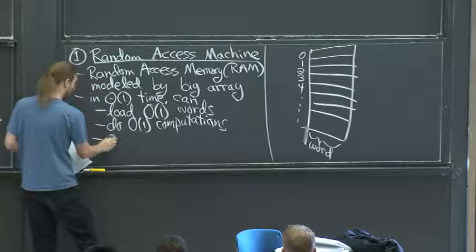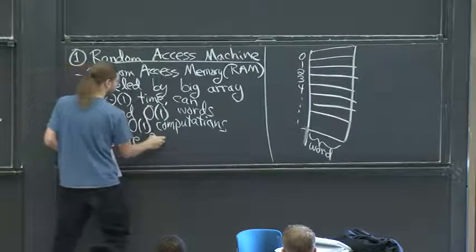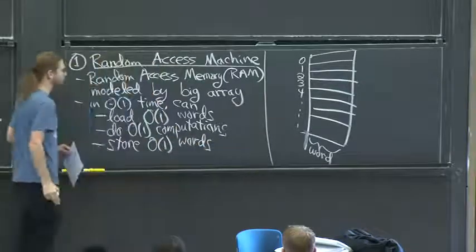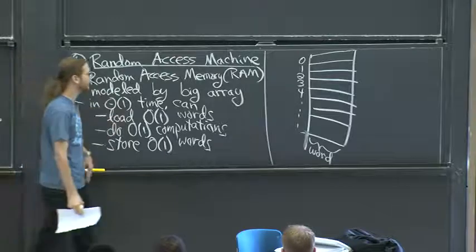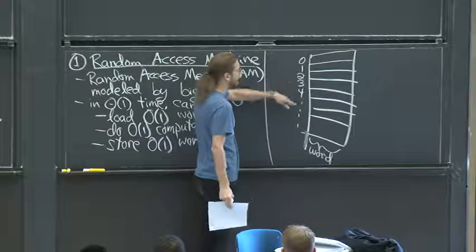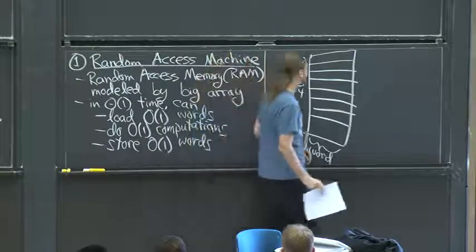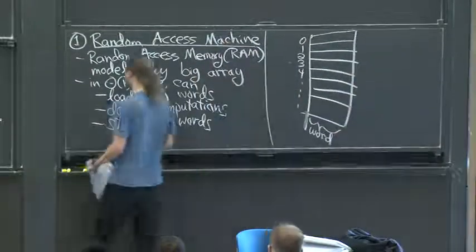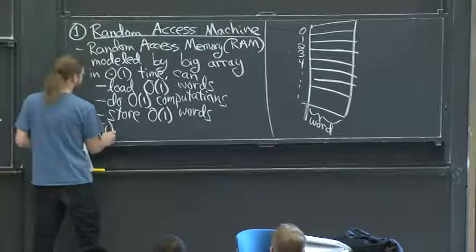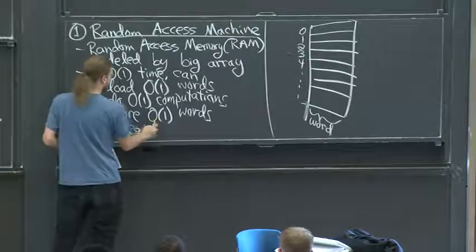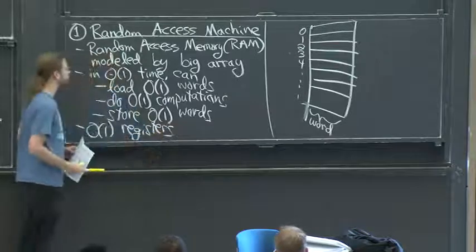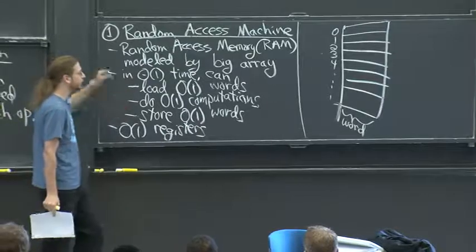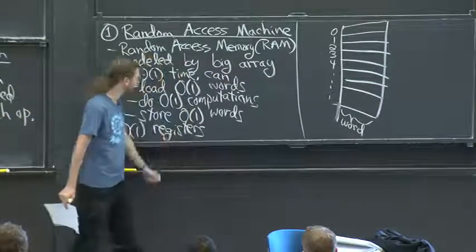It's usually called store. Okay, it needs to know where these words are. It accesses them by address. And so I guess I should write here, you have a constant number of registers just hanging around. So you load some words into registers. You can do some computations on those registers, and then you can write them back, storing them in locations that are specified by your registers.